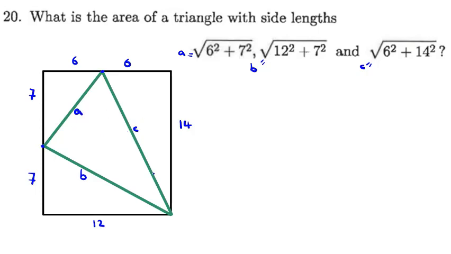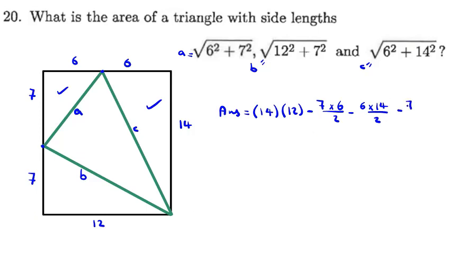And now we want to find the area of these triangles. So we can say the area of the whole rectangle. The answer is what? 14, 7 plus 7, times 6 plus 6, 12, minus 7 times 6 over 2. This one, we've subtracted this one. Minus 6 times 14 over 2. We've subtracted this one. Minus 7 times 12 over 2.